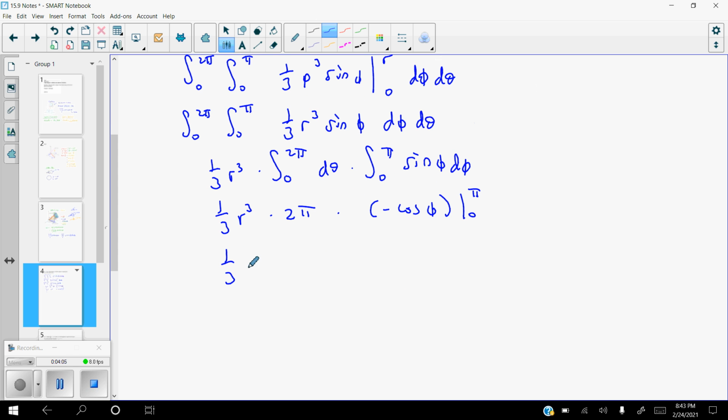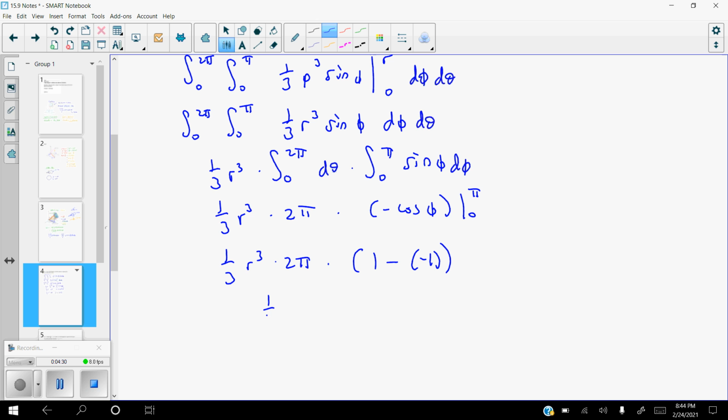So we get 1/3 r cubed times 2 pi times, plugging in pi, cosine of pi is -1, but the negative out in front makes that a +1, minus, plugging in a 0, cosine of 0 is 1, but the negative out front makes that a -1. So that 1 minus -1 really becomes a 2.